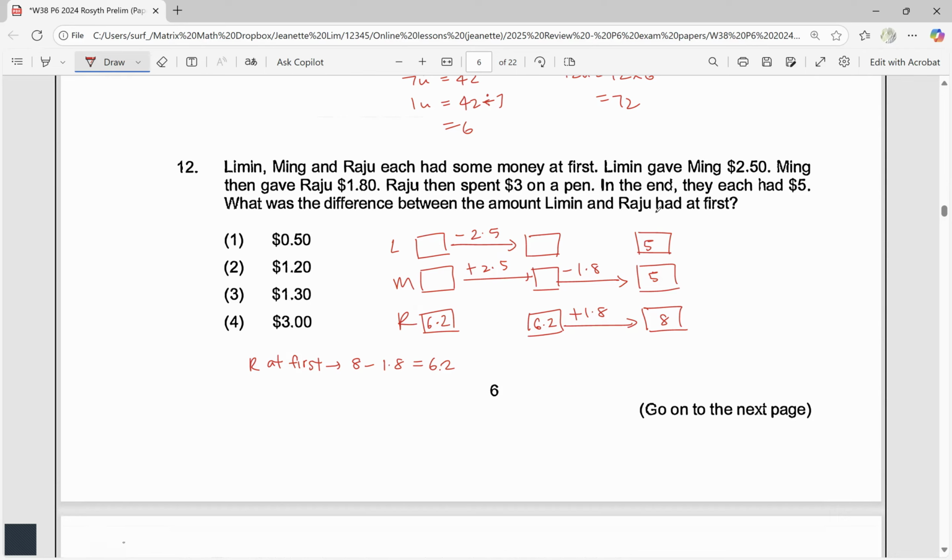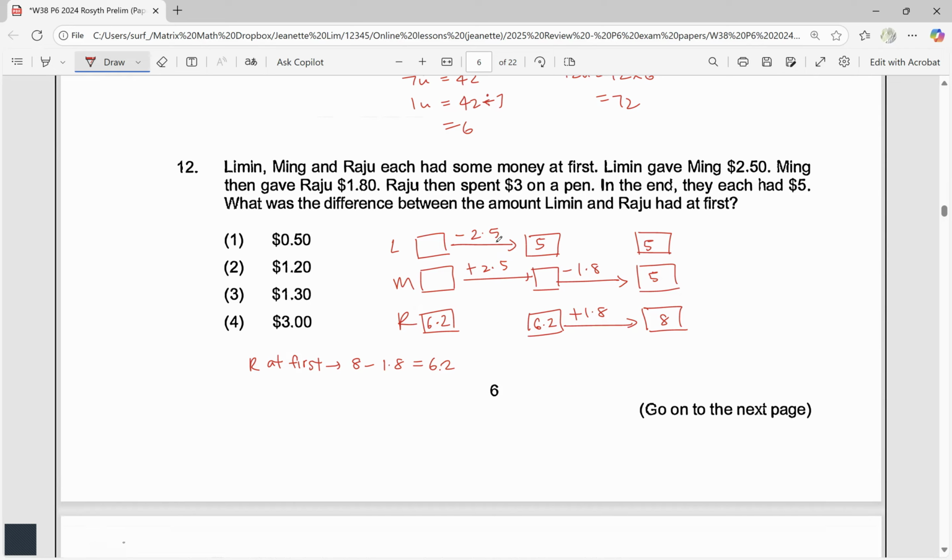And if you look at Lee, no change over here, so this is a 5. Then work backwards. Oh, actually, you don't need to find Ming. You can just find Lee at first because they're just asking for the difference between L and R.